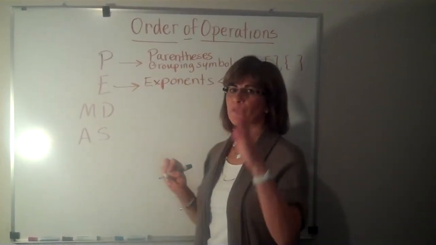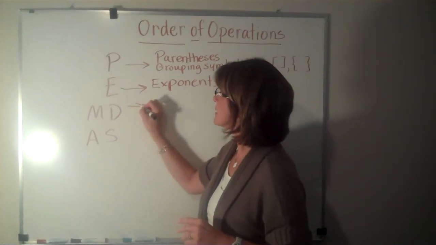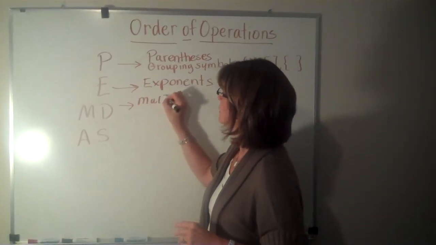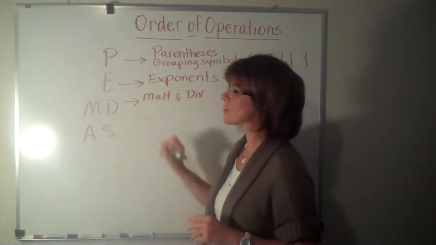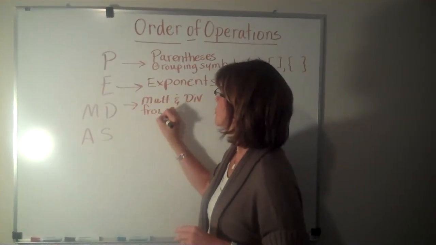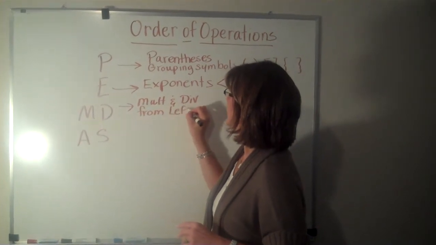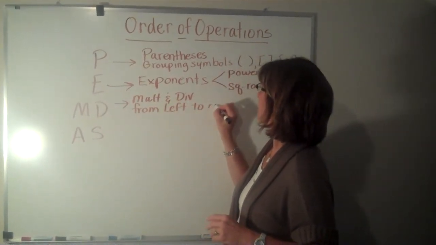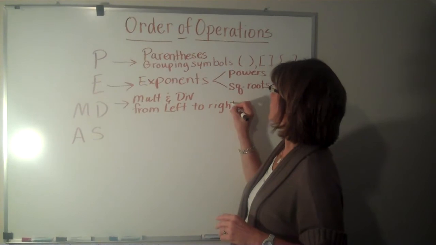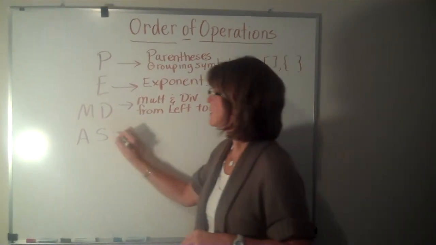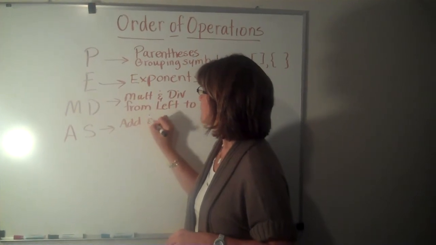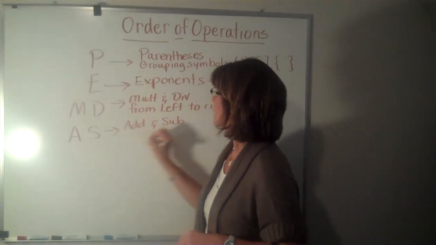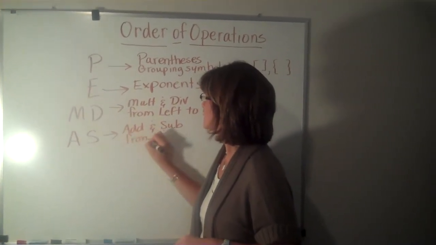MD stands for multiplication and division as it appears from left to right. And AS stands for addition and subtraction from left to right.